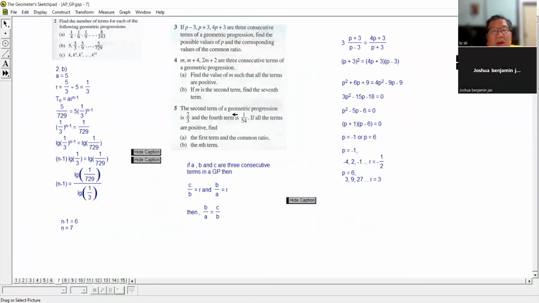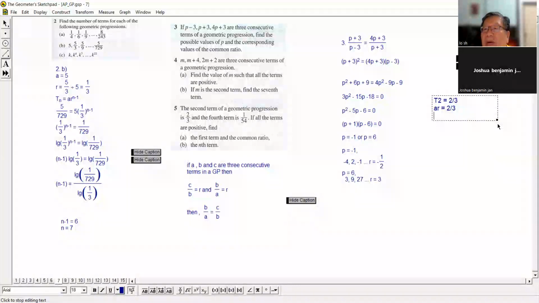Number 5. This one. Yes, number 5. The second term, T2. Yes, this is the one. So we have T2 equals 2 over 3, then AR equals 2 over 3.